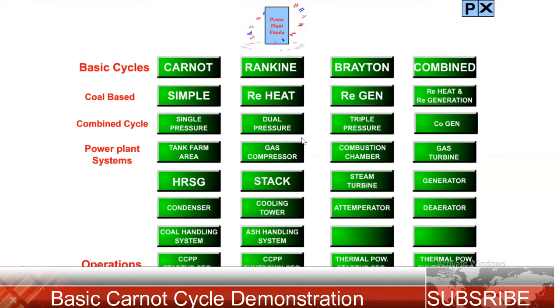In power plant systems and operations, these four cycles are very important with respect to operations and understanding of the system, whether that is a combined cycle, coal-based, hydraulic-based, or gas-based thermal power plant.